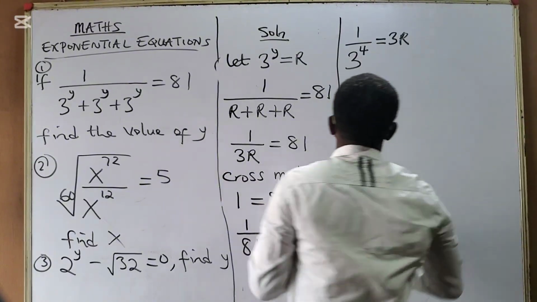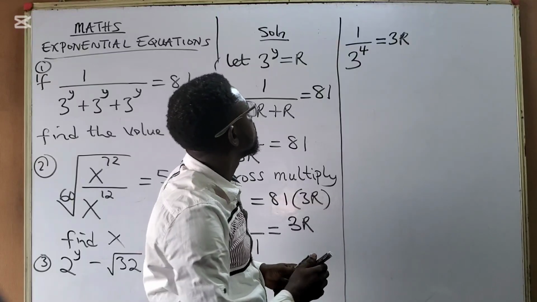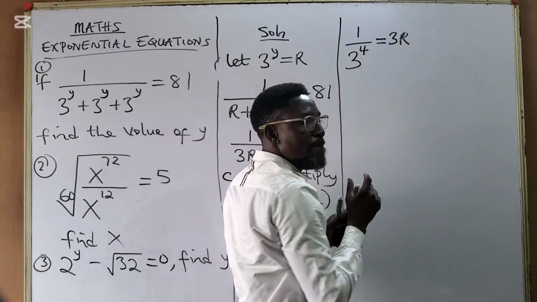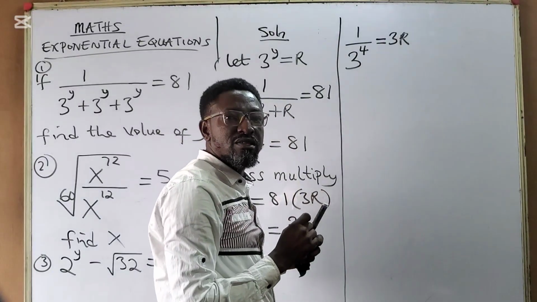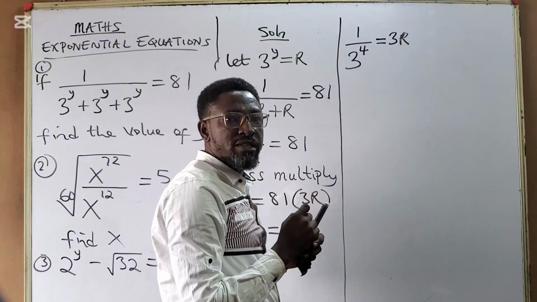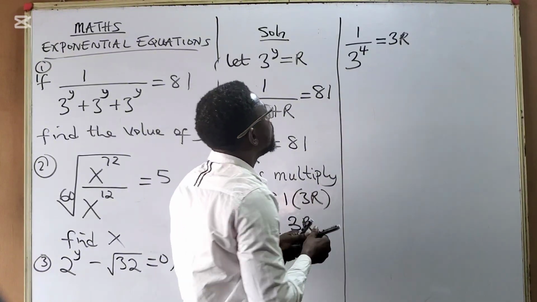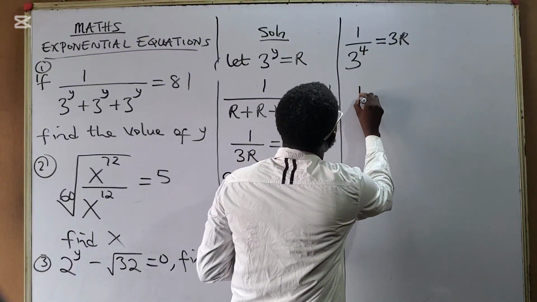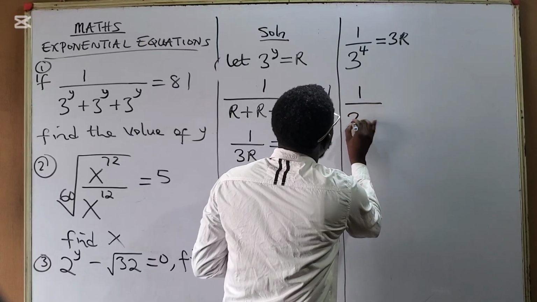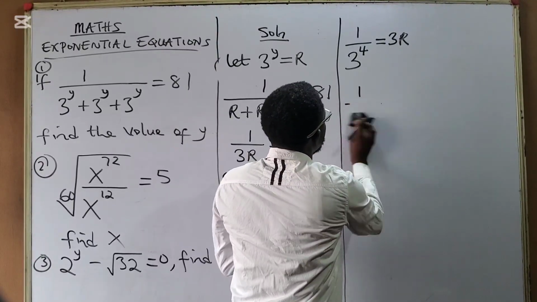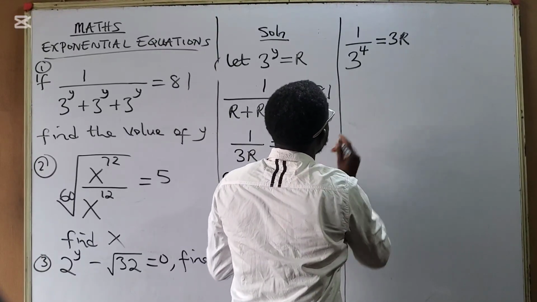So what I'll do next, based on the rules of exponents, that should be rule number 4. If you have not watched that video, that series on exponents, you need to go back and watch that video to give you an insight into what I'm writing here now.